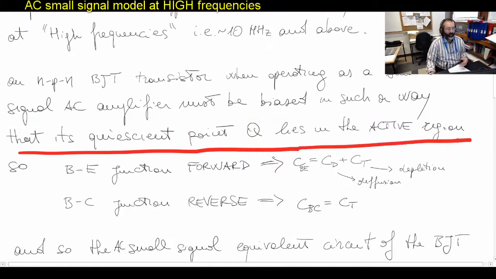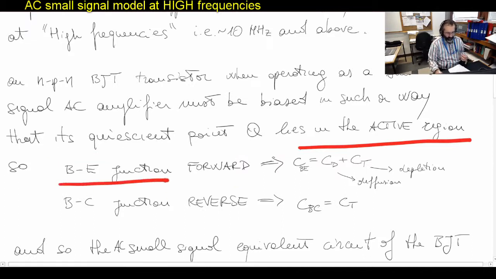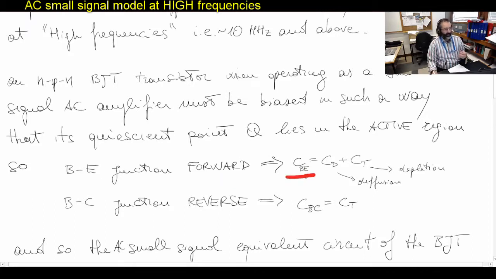That means the BE junction is forward biased, so there will be a base-emitter capacitance C_BE, the sum of the diffusion and depletion capacitance. Then the BC junction is reverse biased, so there will be a base-collector capacitance, which will mainly be depletion capacitance.